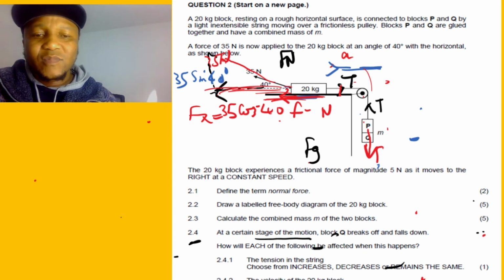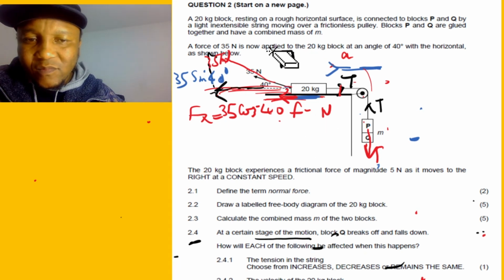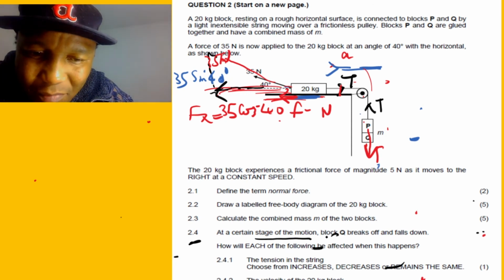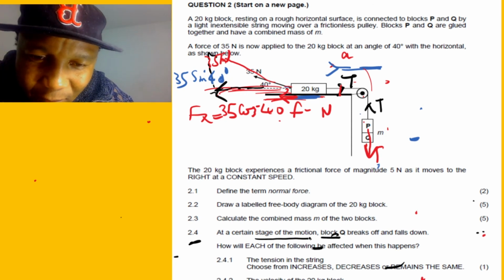Okay, cool. So in a certain stage, a block Q breaks off and falls down.